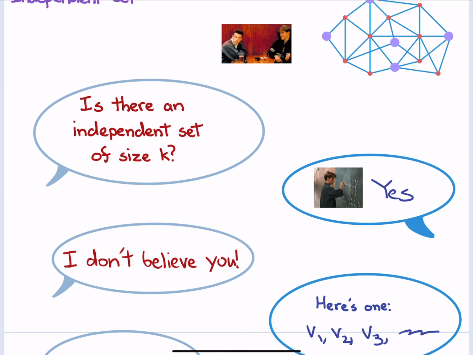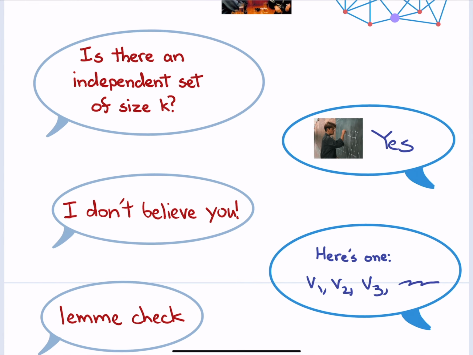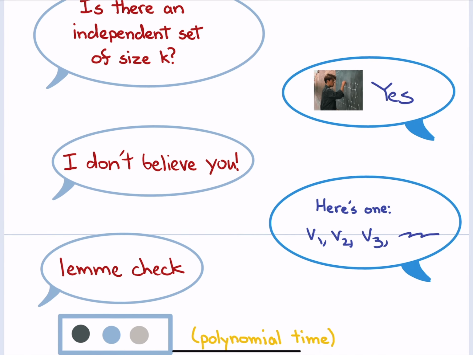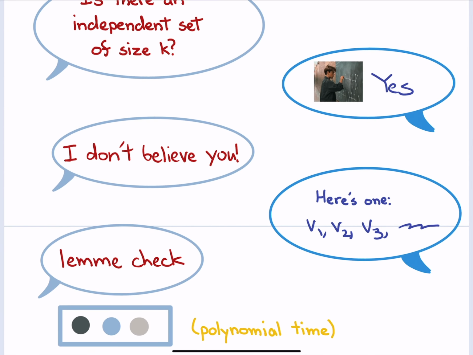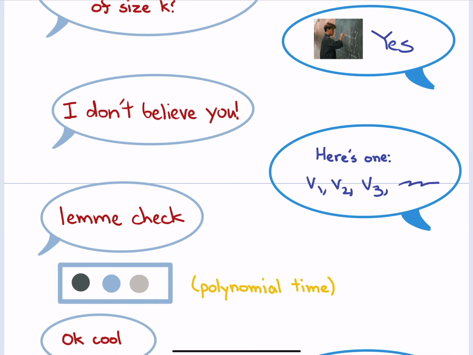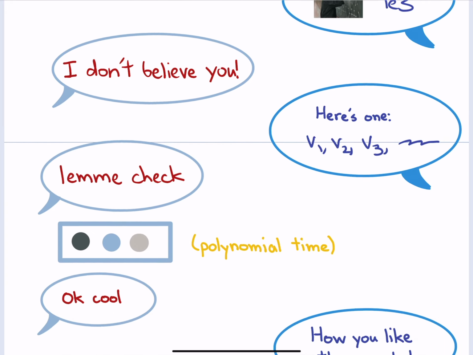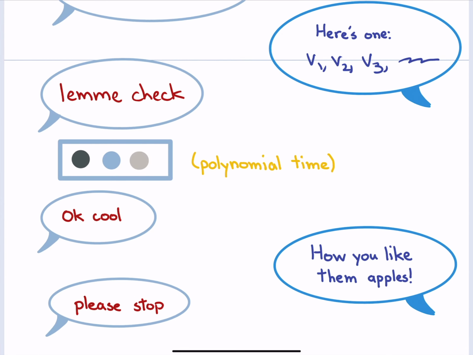That's an independent set of size k. Ben Affleck says, okay, let me get back to you. I'll double check. Spends a polynomial amount of time double checking that it is an independent set. Ben Affleck says, okay, cool. I believe you. I double checked. It's correct. And Will Hunting says again, how you like them apples? And Ben Affleck says, please stop.